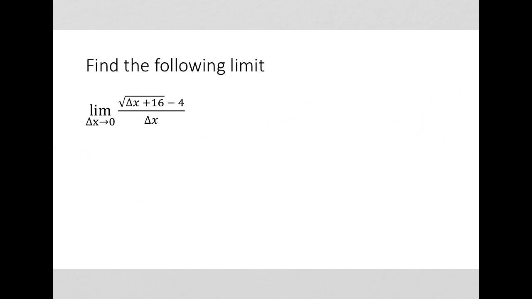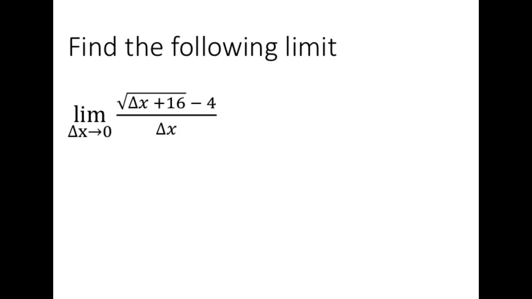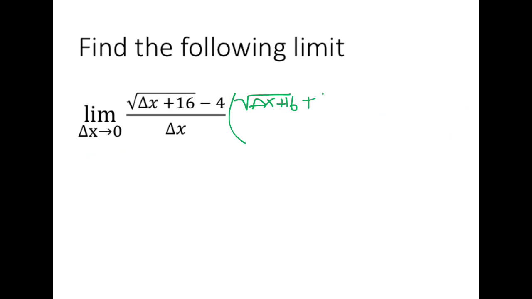Alrighty. Now let's do this problem as well. Limit as delta x goes to 0. Again, this time we're going to use the technique of multiplying by the conjugate. So I'm going to multiply by the square root of delta x plus 16 plus 4 over the square root of delta x plus 16 plus 4.